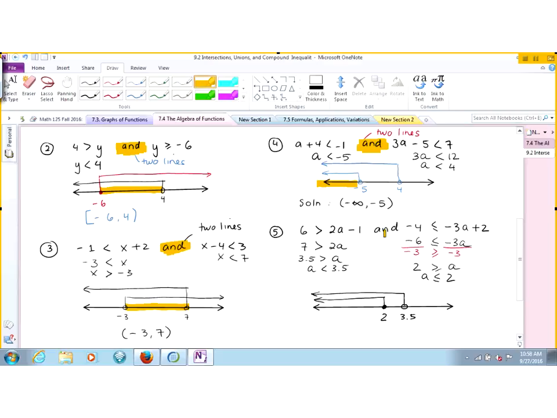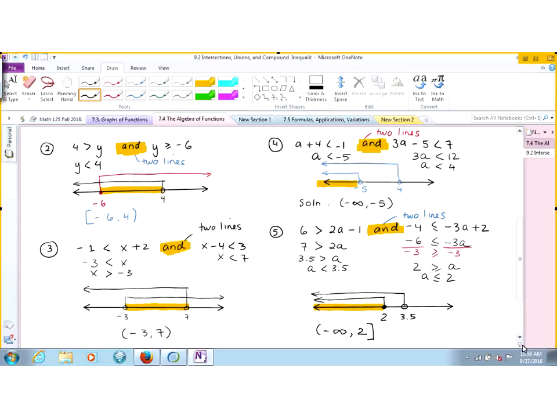So now we see, oh, "and." What does "and" mean? 2 lines. So which points have 2 lines? Right. Okay, good. Good job. Negative infinity to 2, bracket. Yay or nay? Yep. Okay, are we good?